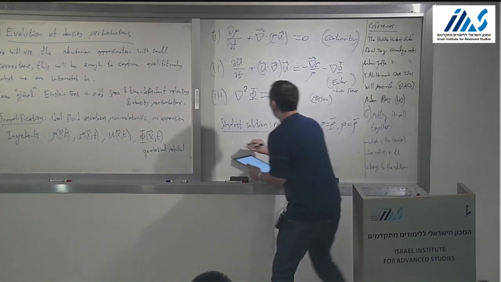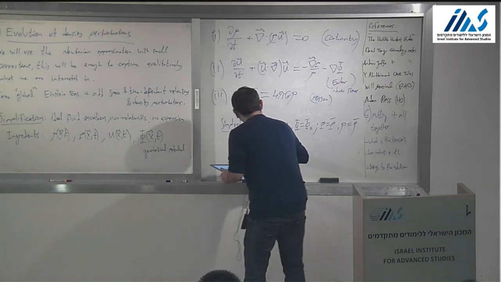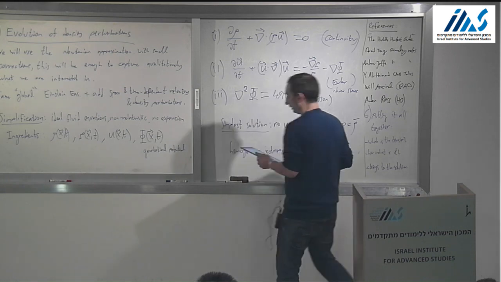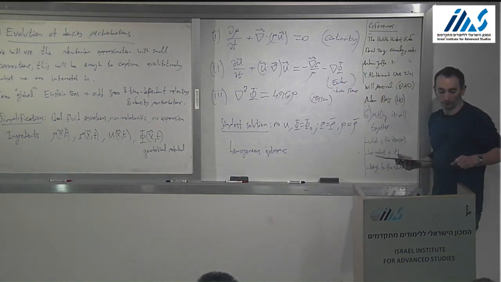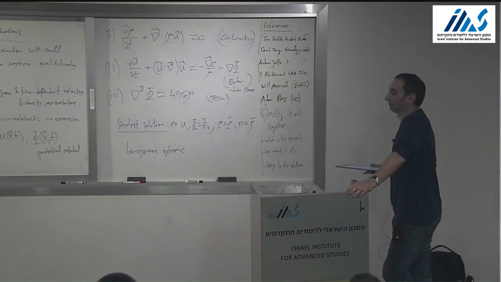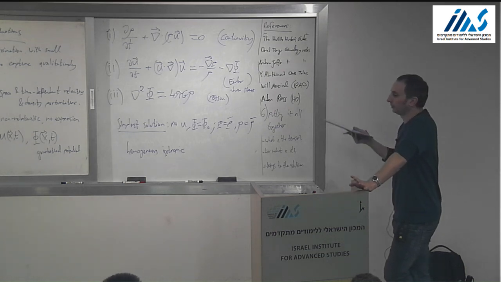Okay, so this is a homogeneous and isotropic case. This is all physical. We don't need co-moving coordinates because we're not expanding. There's no expansion. We're taking it slow.